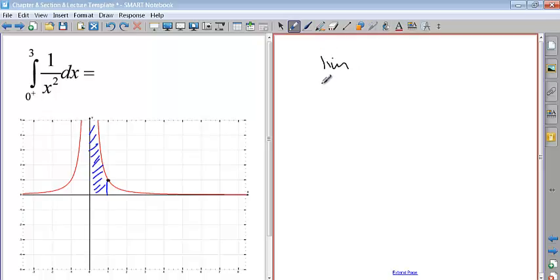So we're going to take the limit as b approaches the value where the function goes to infinity, which is 0. So I integrate from b to 3. 1 over x squared is x to the minus 2 power.